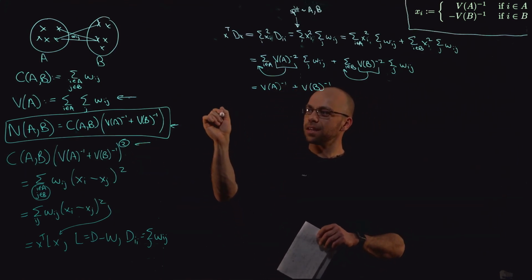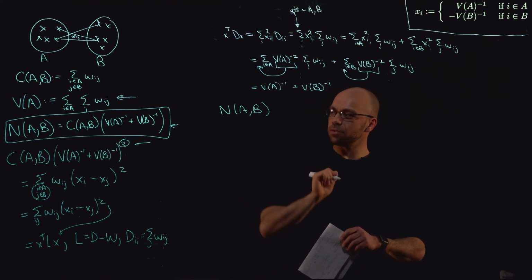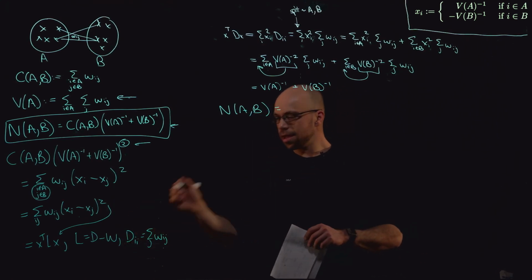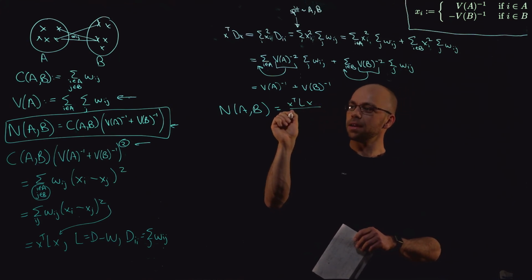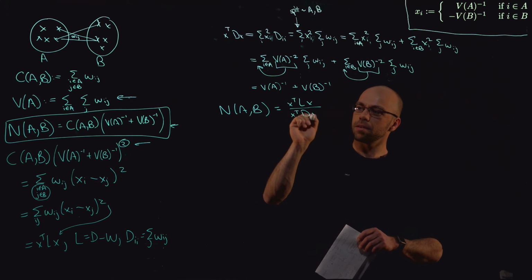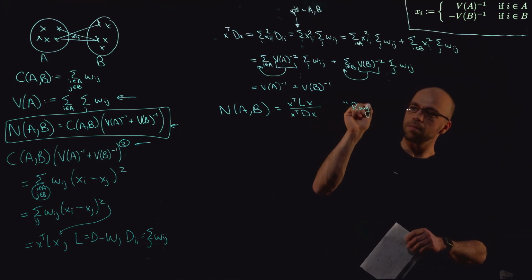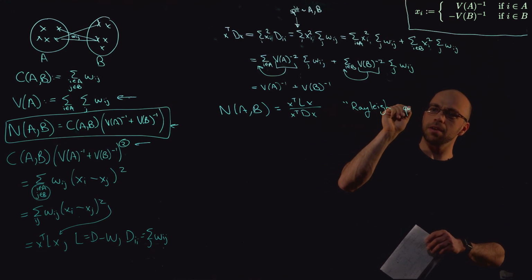So at the end of the day, what we proved is that we can write this really weird expression for our normalized cut score, which is that it's equal to x transpose Lx divided by x transpose Dx. And this is a Rayleigh quotient. In other words, it's something we know how to optimize in our sort of eigenvalue theory.